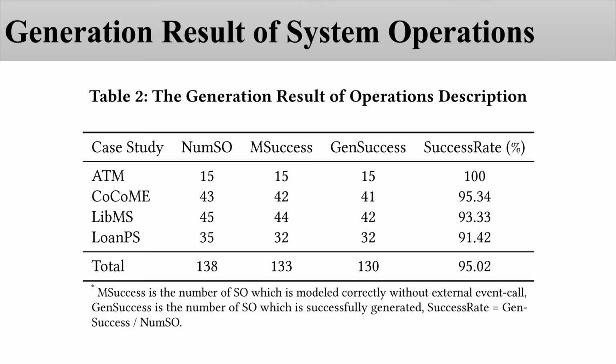For the generation of UML diagram results, 17 actors, 51 use cases, 6 system sequence diagrams, 38 entity classes, and 49 associations of entity classes were all generated correctly. Generation for all 4 case studies takes less than 1 second.